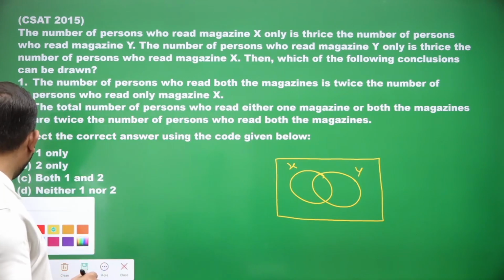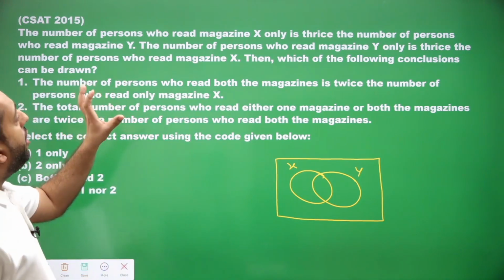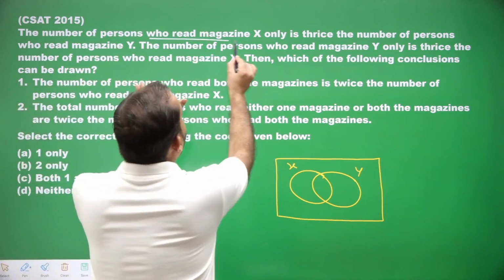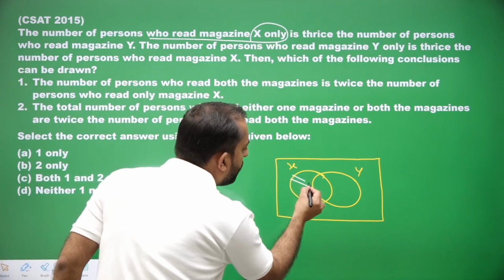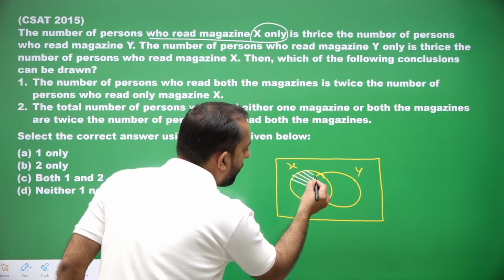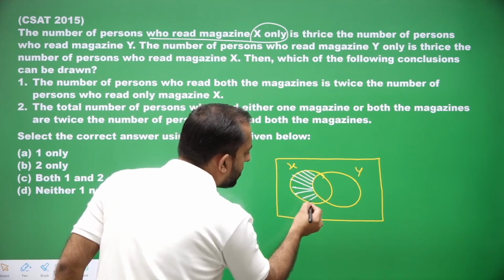Now it is also given to us that the number of people who read X only, let's say, is this part of the circle of X. This part.